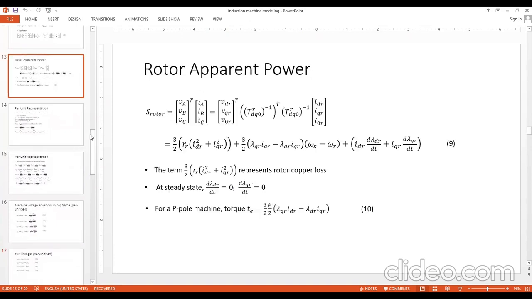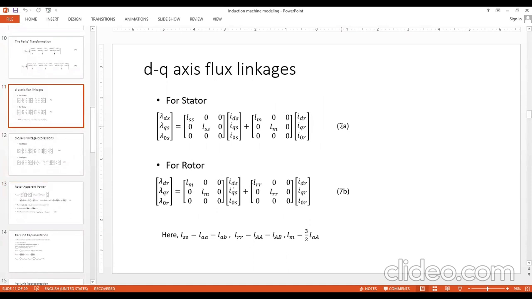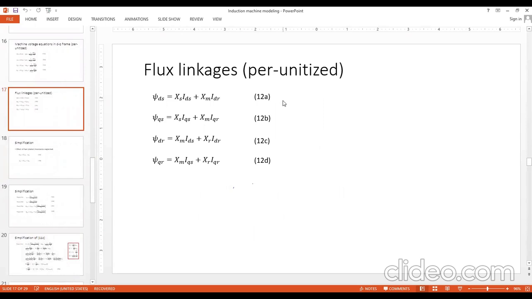These are coming from the lambda expressions, which are present in equation 7a. So from 7a, you will get lambda d, lambda q, and you will get psi d and psi q. From 7b, you will get psi dr and psi qr in per unit form. So from 7a and 7b, you will get these four expressions.